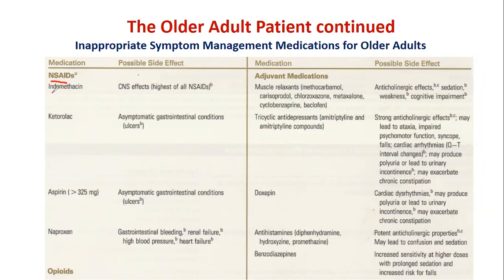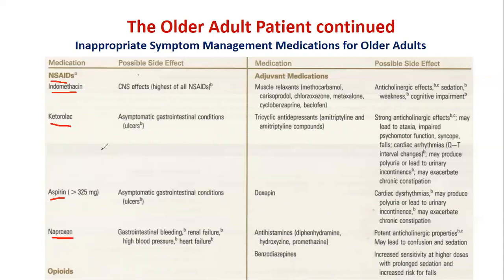Examples here: indomethacin, ketorolac, aspirin, naproxen. They are commonly used to relieve moderate to severe pain. In this case, the picture is not showing here.